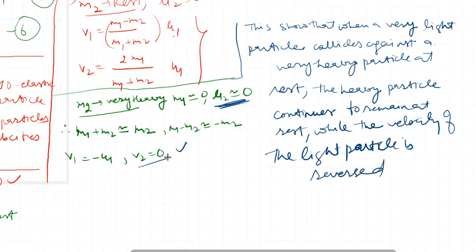That's what we can see from here, because V1 will become equal to minus U1, so it gets reversed, right? So that's what will happen.